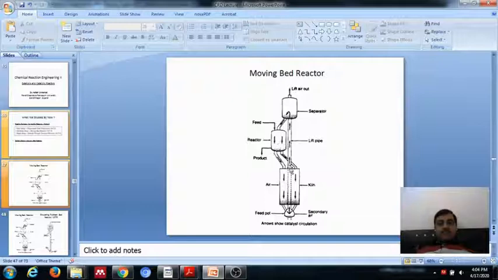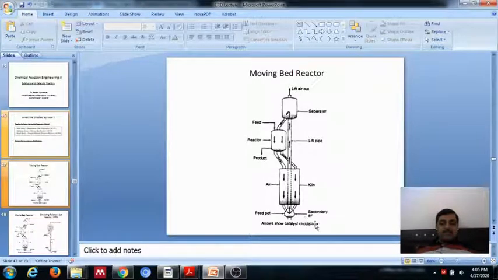The catalyst moves into the kiln or the regenerator. Now this is the temperature zone where the catalyst is being regenerated, but the gas which is coming through the feed is not sufficient to elevate this.